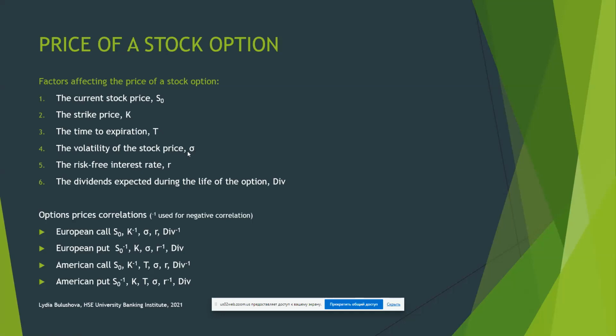So below, you can see how option prices are correlated with these factors that affect option prices. Could you have a look at the bottom of the slide, please?